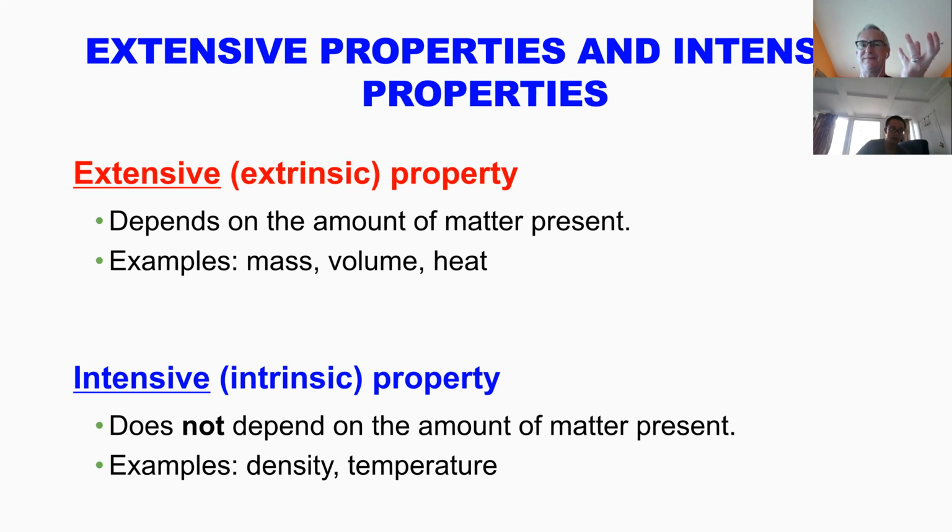That is an intensive property. So yeah, that's a hard one, because that's both. You measure resistance in resistance per gram or resistance per meter or whatever it is. So that's a little bit of both on that one.